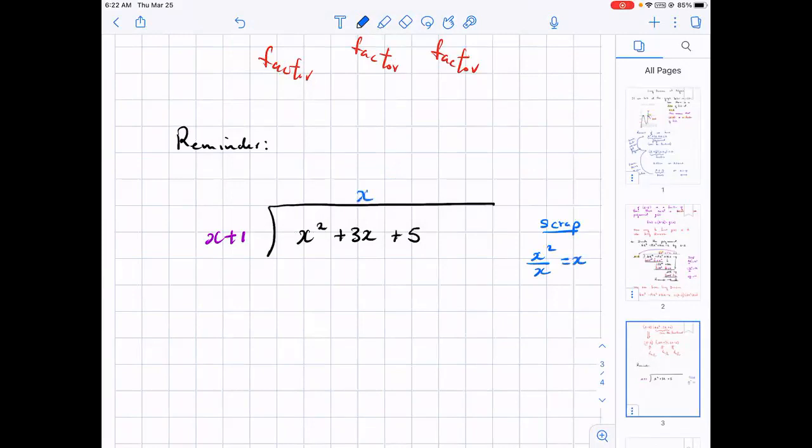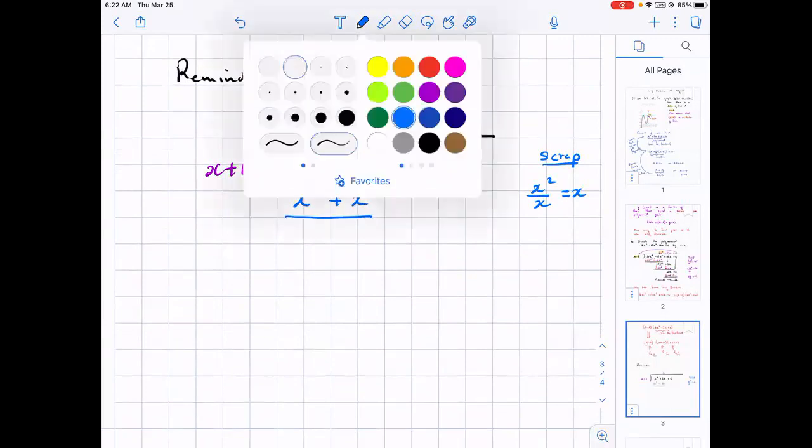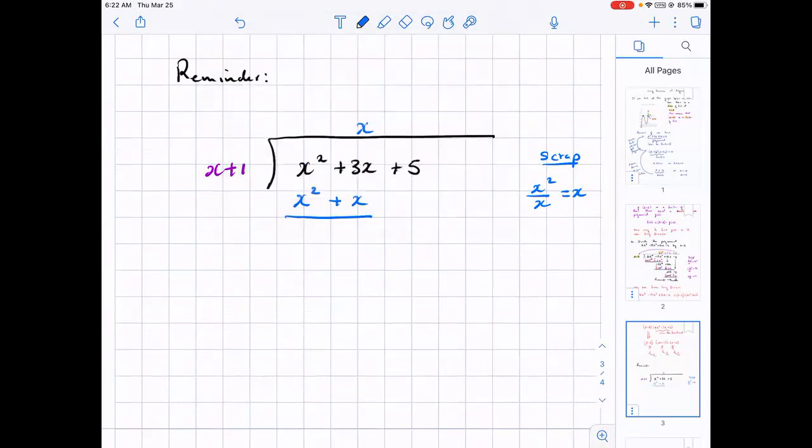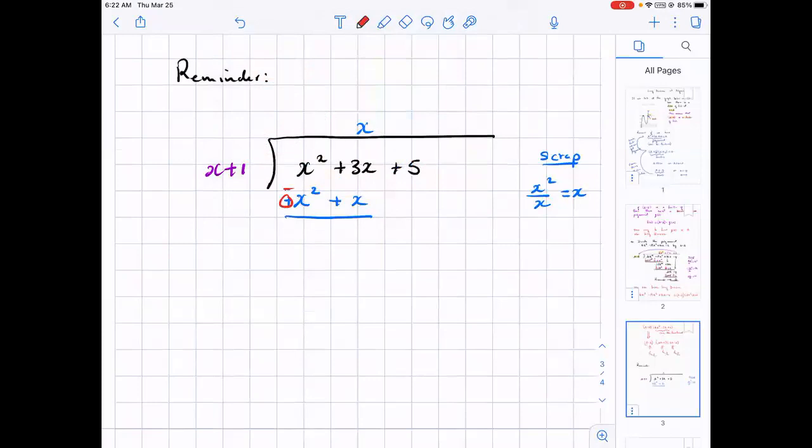So we write the x over there. And then this becomes, if I multiply, x squared plus x. And then this was a plus. So then this sign becomes a minus, that becomes a minus.